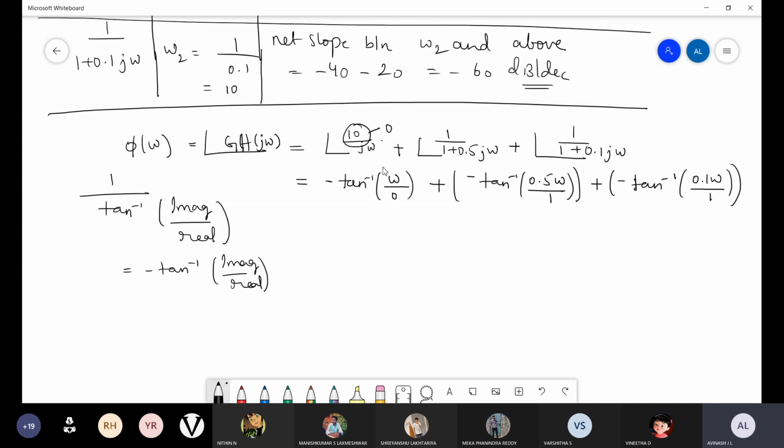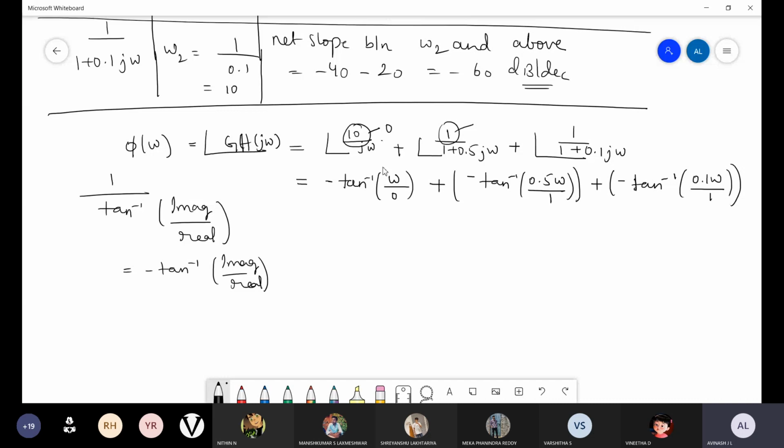In each of these factors, 1 is the numerator, so the numerator angle is 0. Any constant value has angle 0, so we are not going to take it.